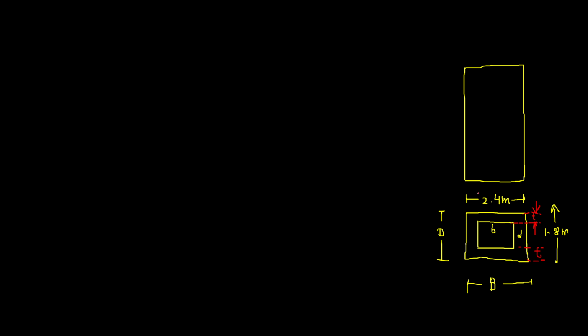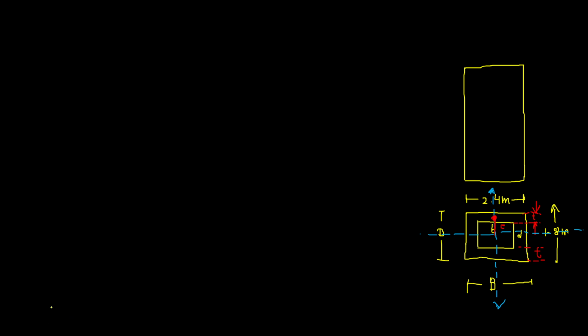Now which is the longer side? 2.4 meter. So first we drew both axes. This is x axis, this is y axis. So on which axis is our load present? It is present on the axis bisecting 2.4 meter. Which line is bisecting the 2.4 meter? This line. So the load is present on this line, at some distance, and that distance is E.